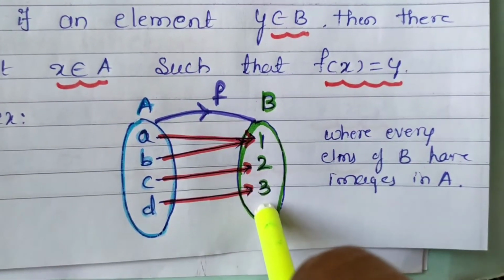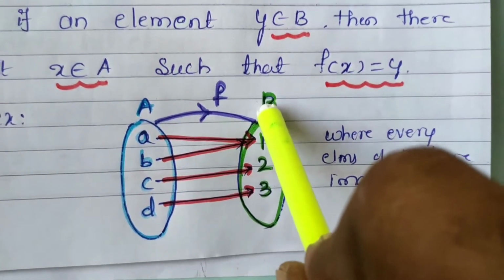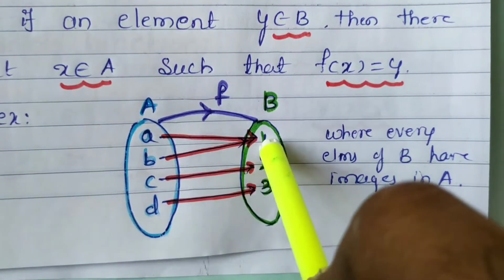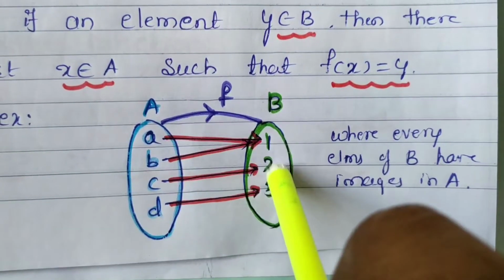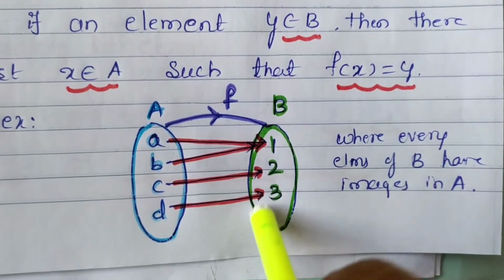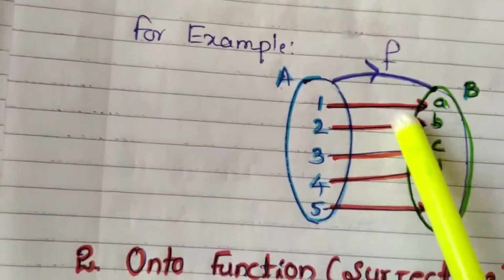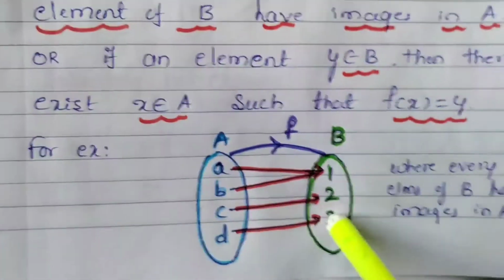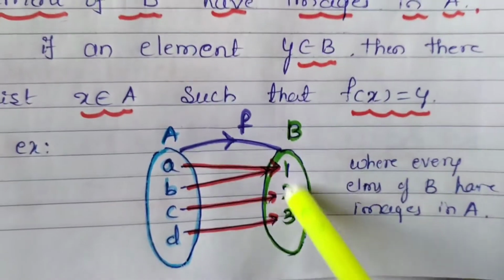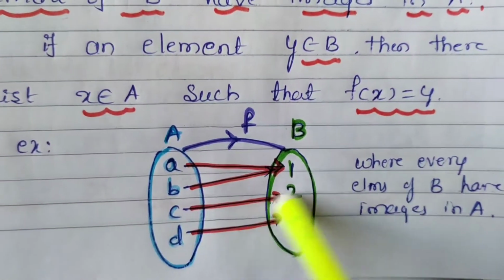What are 1, 2, 3? They are the elements of B. All the elements of B are engaged here, which means they have images in A. No element has been left here. In the previous example, e was left, but here no element has been left, which means all the elements of B have images in A.